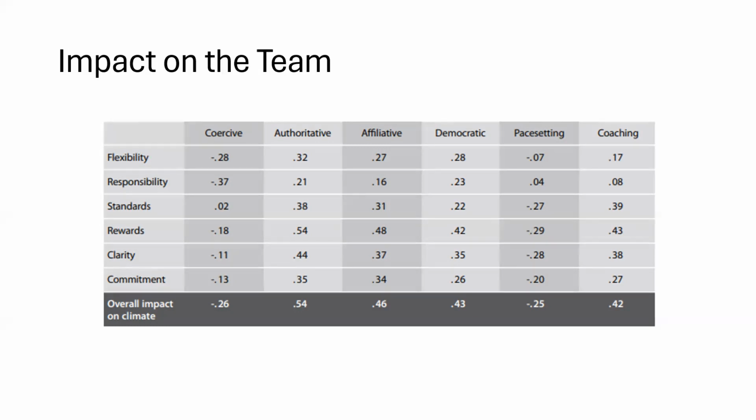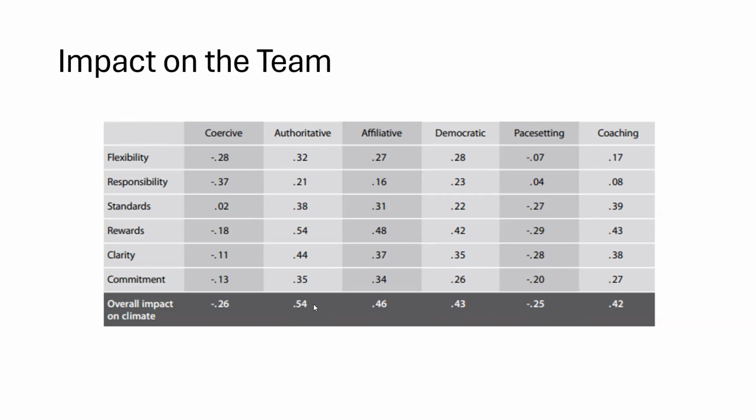If you have a look at the article again, it'll give you a little bit more about the work that sits around this piece of research. Pace setting leadership, we can see that's low, so it has a negative impact across the board pretty much, with a very small gain around responsibility. That's interesting. And the most positive is authoritative.